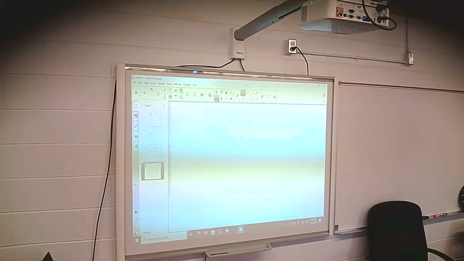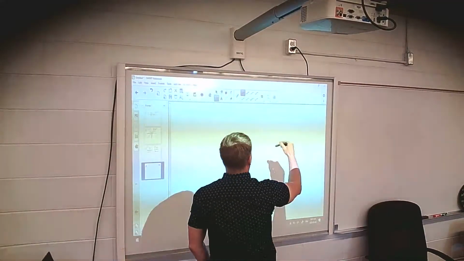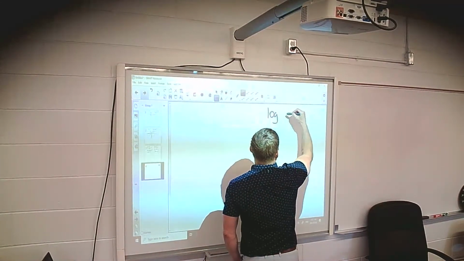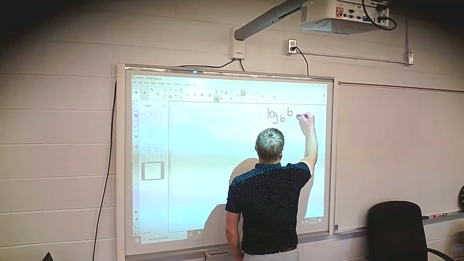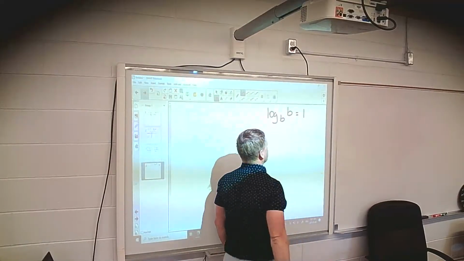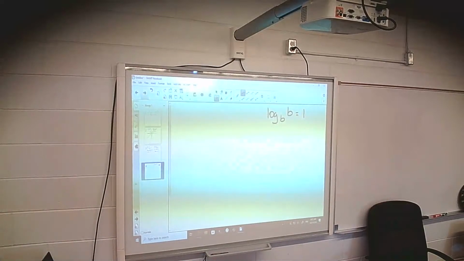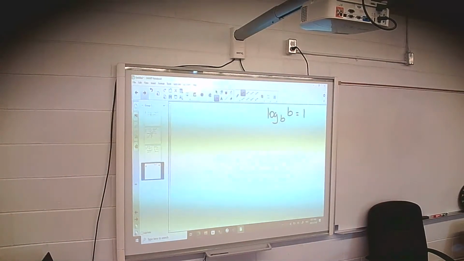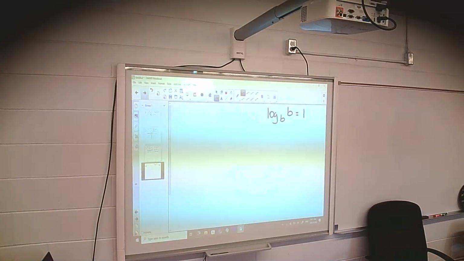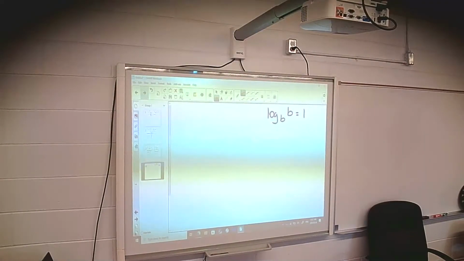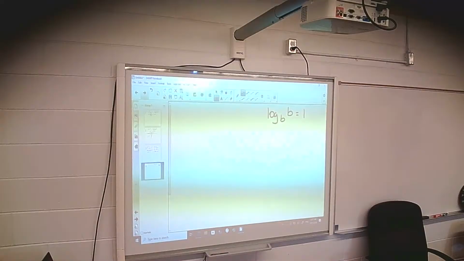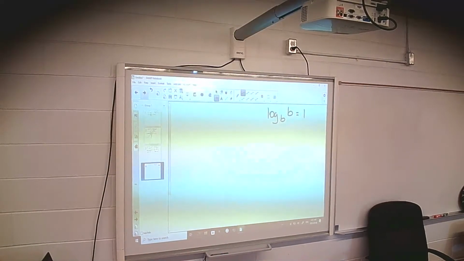I'm going to show you one essential rule of logarithms, and that is this: the log of b to the base b is equal to 1. That's going to be the first rule that we need to know about logarithms. I'm going to go through all the rules tomorrow with you.